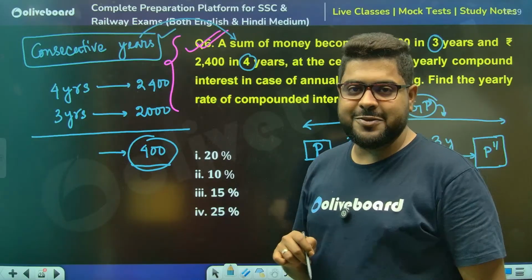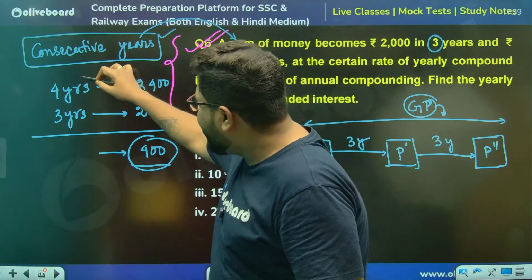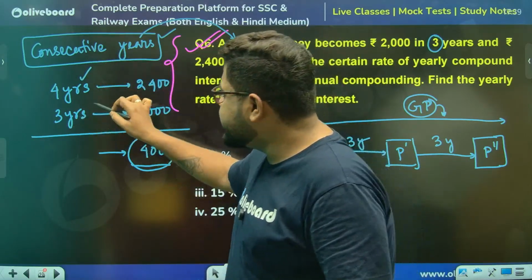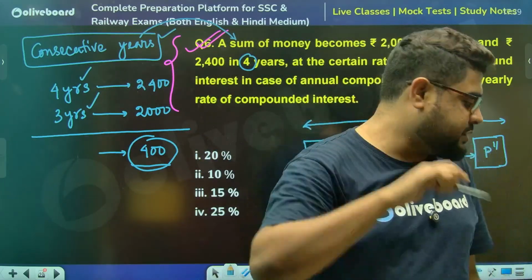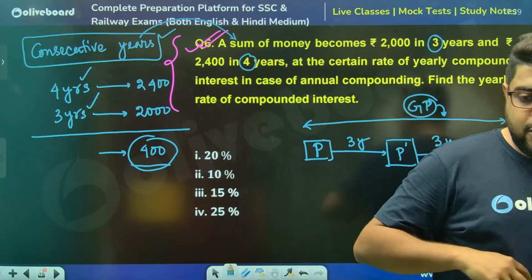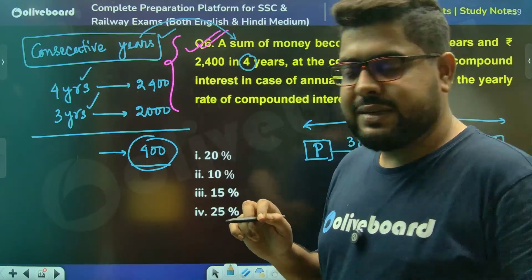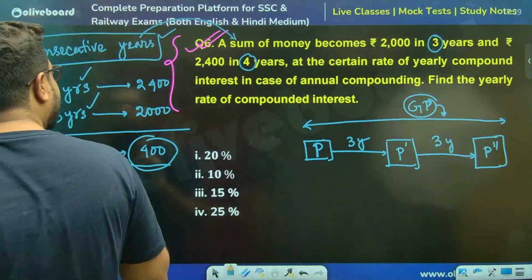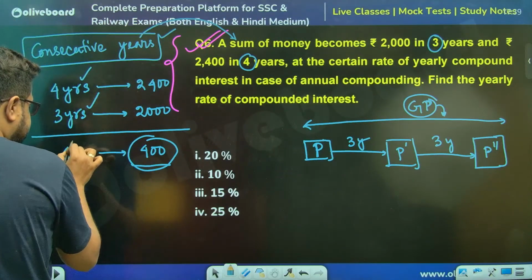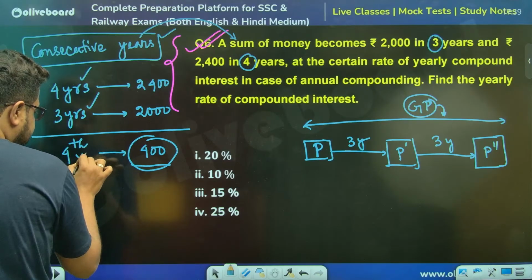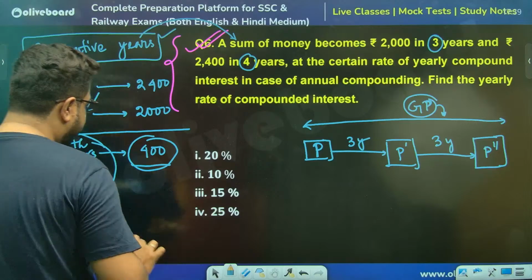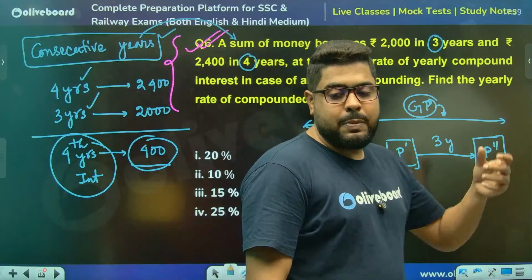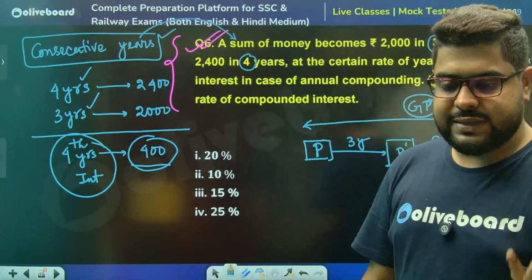That we need to figure out. 4 years amount minus 3 years amount will always give me the interest for the fourth year. This 400 is nothing but my fourth year's interest.